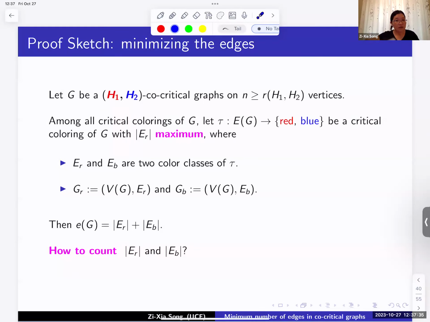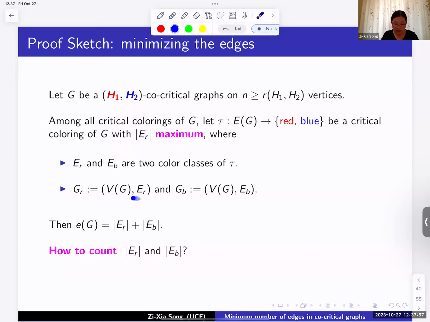Among all critical colorings, I'm going to pick one so that the first color, let's say red, and the second color, blue, has the maximum number of red edges. Now E_R denotes the number of red edges, and E_B the blue edges.